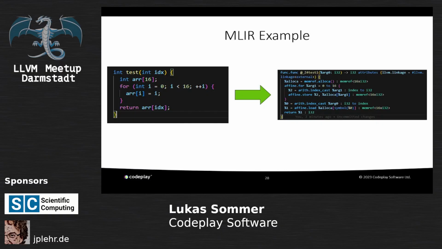We cast again, we load something, and we return it. And the difference to LLVM-IR in that case is we still have a loop. In LLVM-IR, that would be at least 3 basic blocks, and then some conditional branches to represent that loop.